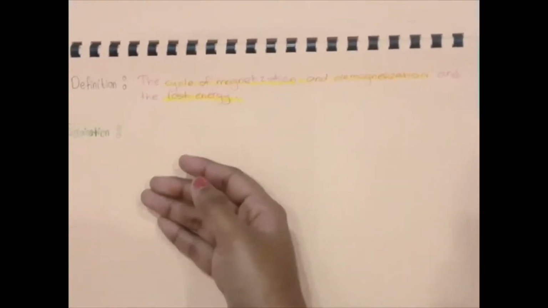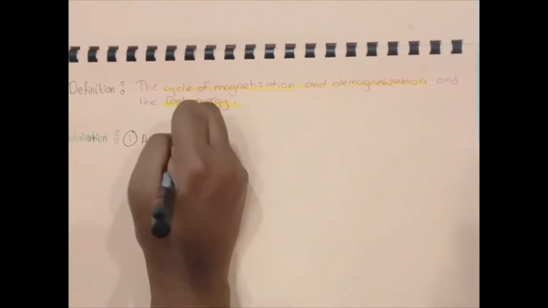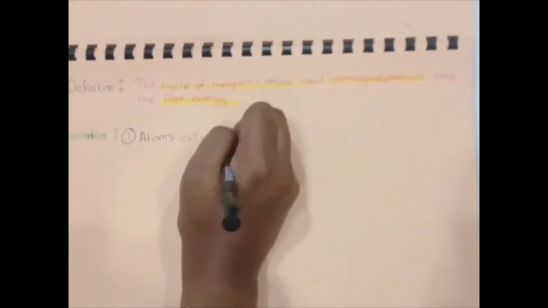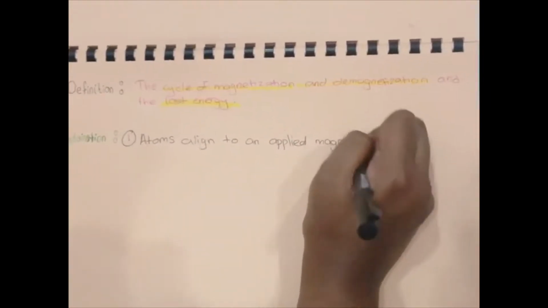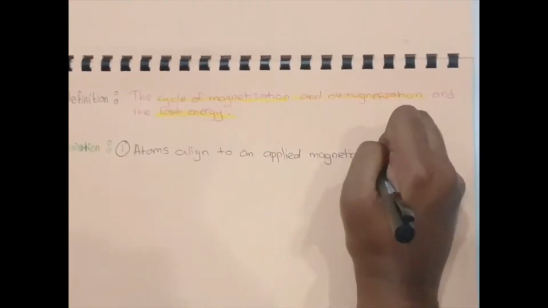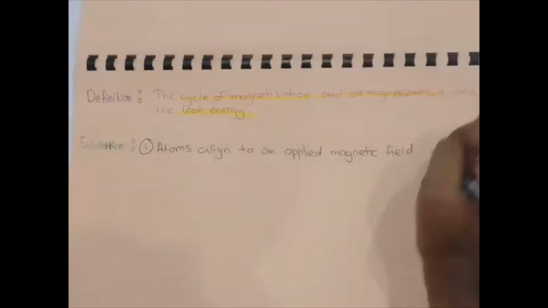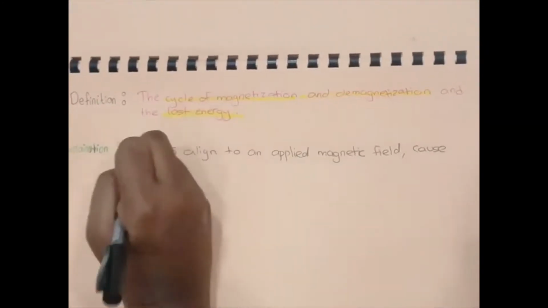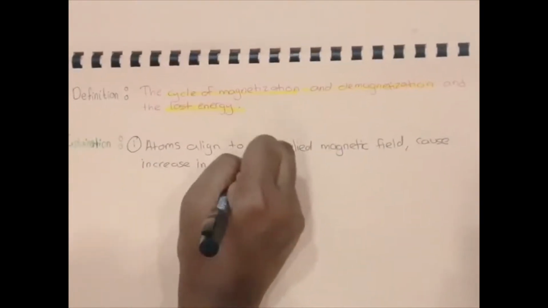We need to elaborate on the definition through explanation points. The first point is that atoms align to an applied magnetic field, which causes an increase in magnetization.